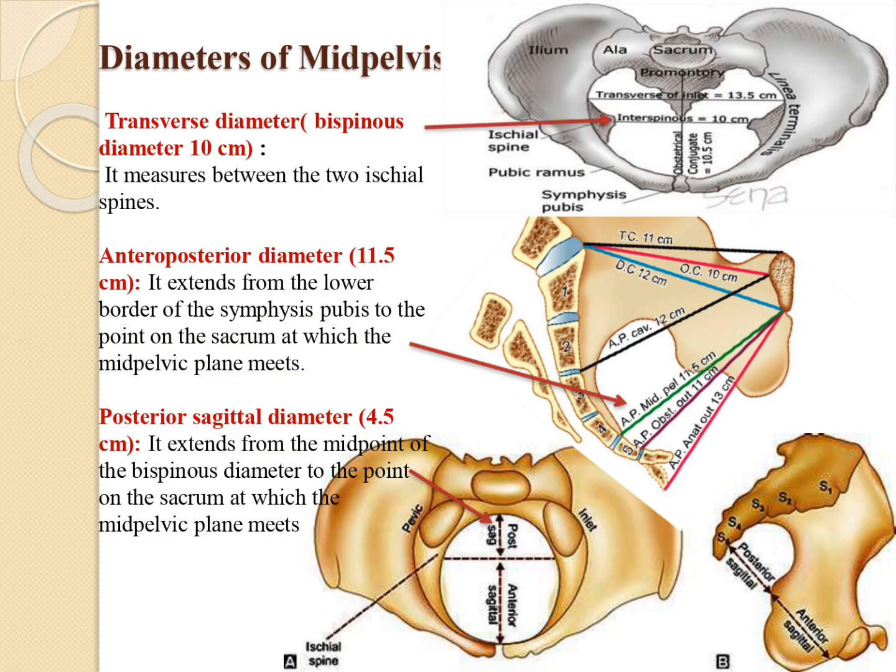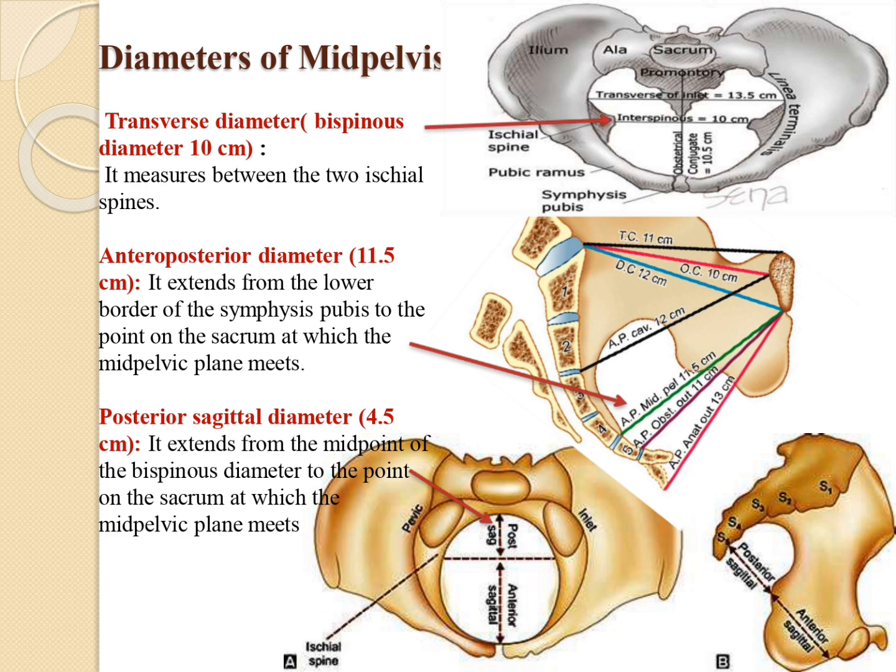This slide shows the diameters of the mid pelvis. The transverse diameter of the mid pelvis is the bispinous diameter, which is 10 cm. It is measured between the two ischial spines. The anteroposterior diameter of the mid pelvis is 11.5 cm.